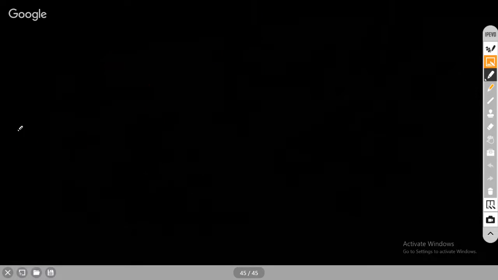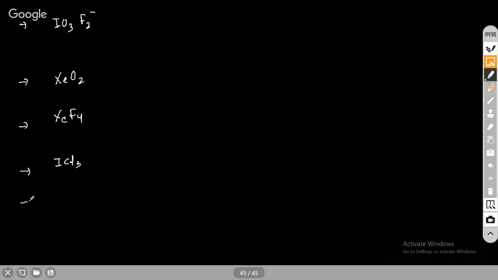In hybridization also we will do the same thing. Try to find the shape and geometry of this molecule, IO3F2 minus. What is the shape and geometry of this? What is the shape and geometry of XeO2? XeF4? ICl3? H2O? CH4? NH3?